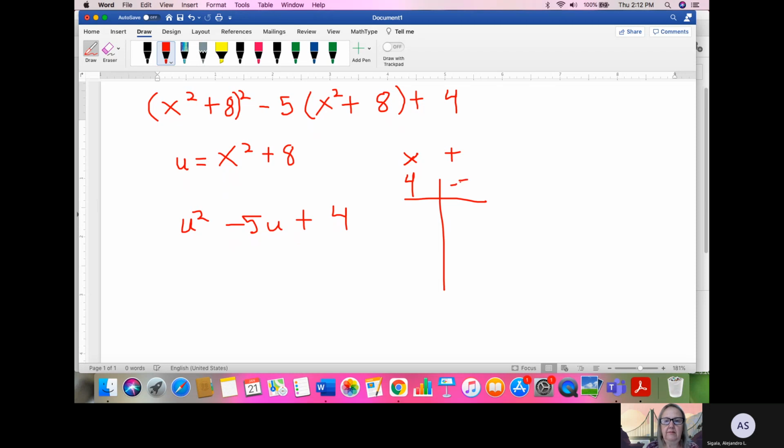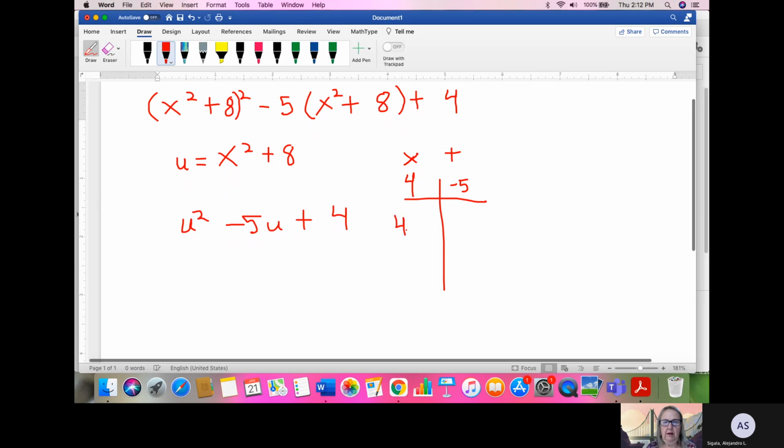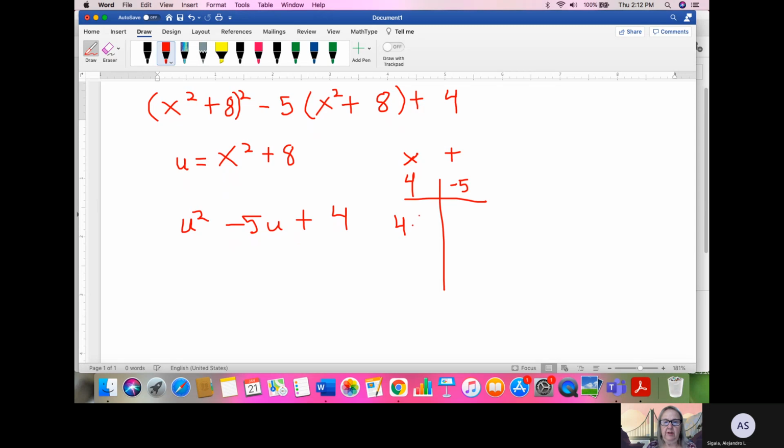So we can do the whole tree, 2 times 2 gives you 4, but it doesn't add up to give you -5. 1 times 4 is 4, but that's only going to give us +5.